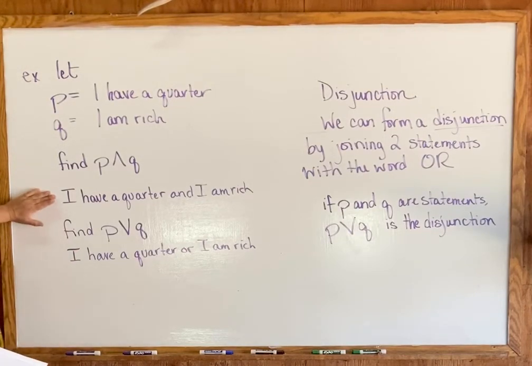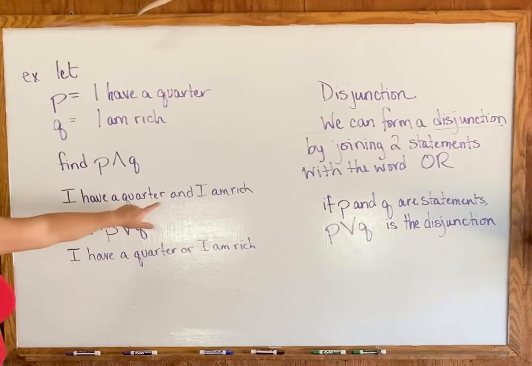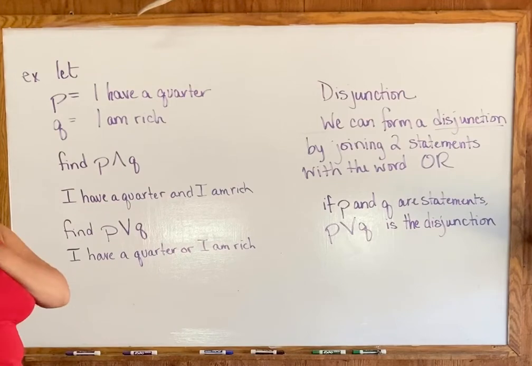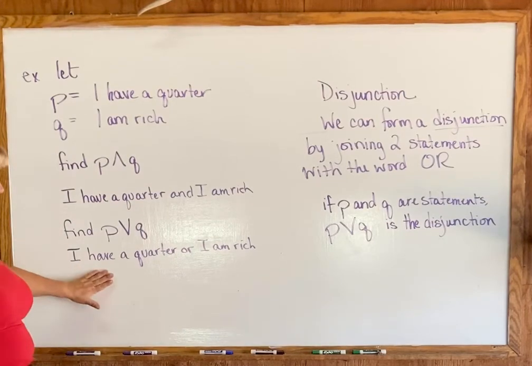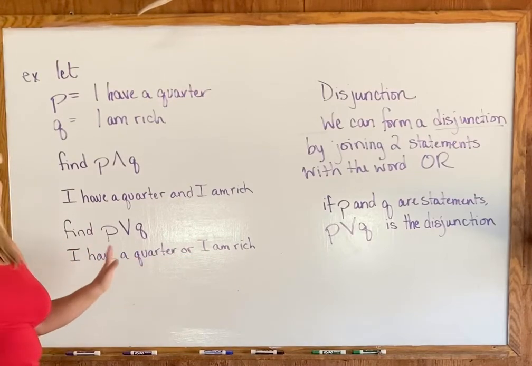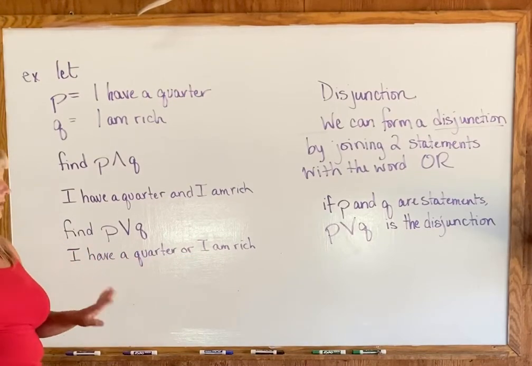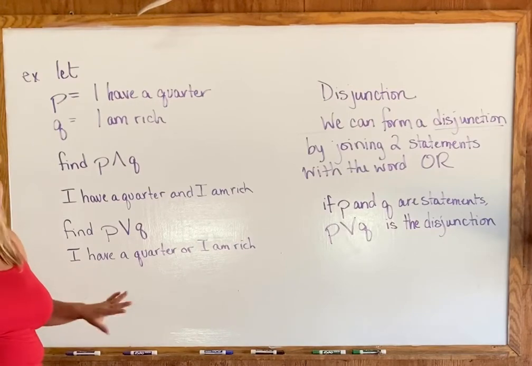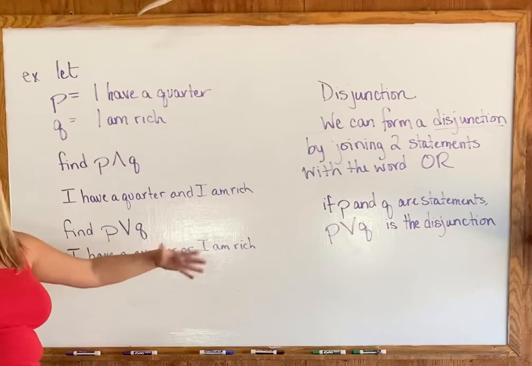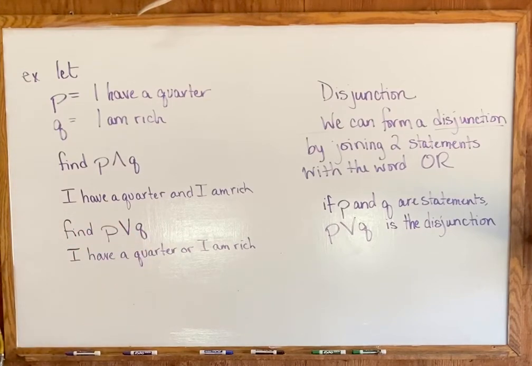Now in this first case, this bigger statement, I have a quarter and I am rich, means that both things are happening, and in that case, for me, that is not true, okay? Now down here, this is I have a quarter or I am rich. Now that just means I have to have one or the other. So in this case, yeah, I do have a quarter. So in this case, this is true for me. But it's just like a compound statement. It's got multiple parts to it.